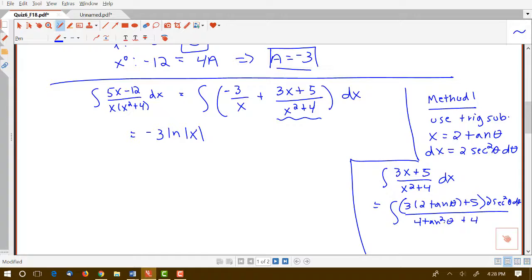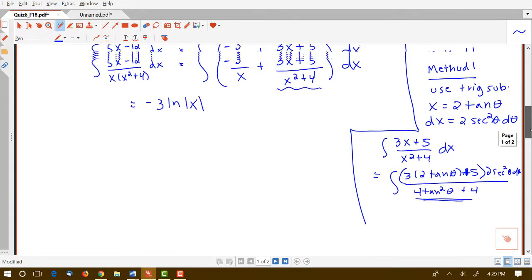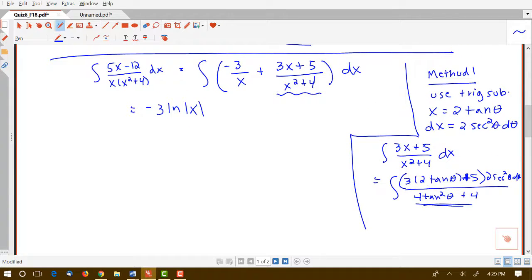Okay, so one way to do this would be to use our trig sub. We'd have to use the identity on this, get some cancellation, but then this would still break up into 2 integrals because I do have a plus 5 here. So why don't I go a few steps further just to show this method. There are a few people who tried to do the trig sub method, but sometimes it got a little bit mixed up.